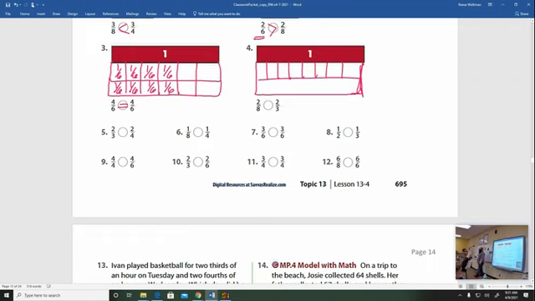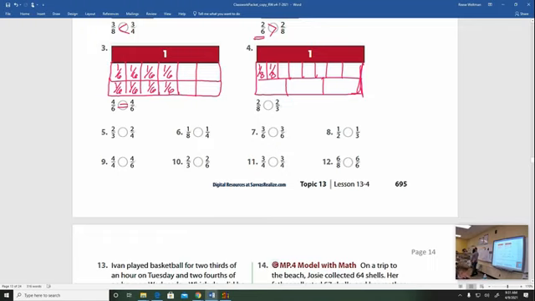Now, for the next one, what do I need to cut that into, Abigail? How many parts do I need to cut that into? 3. That's right. Now, Andrew, how many times do I need to write 1/8 in the top one? Twice. That's right, because 1/8 plus 1/8 is 2/8, right? So the rest of those don't even matter.